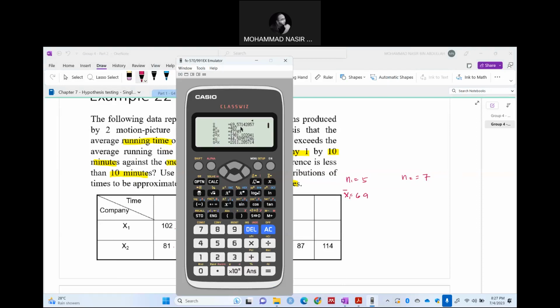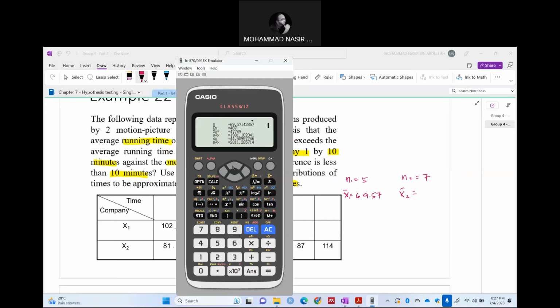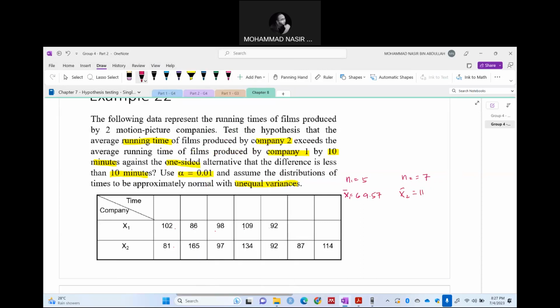Is it correct? The same? Correct? Try, maybe I wrote it wrong. It's correct. Right, 69.57. X bar 2 is equal to 110.